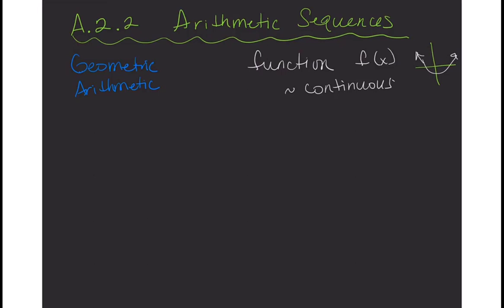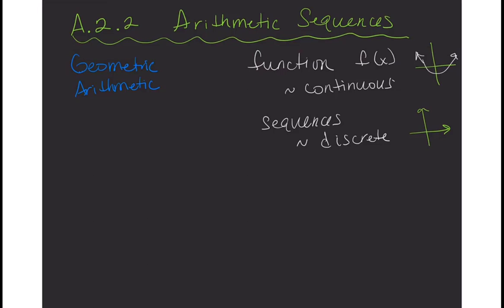But we want to talk about sequences. Anybody know what it's called if it's not continuous? Started with a D. Discrete. Yep, good job. An example of a sequence is the number of buses.